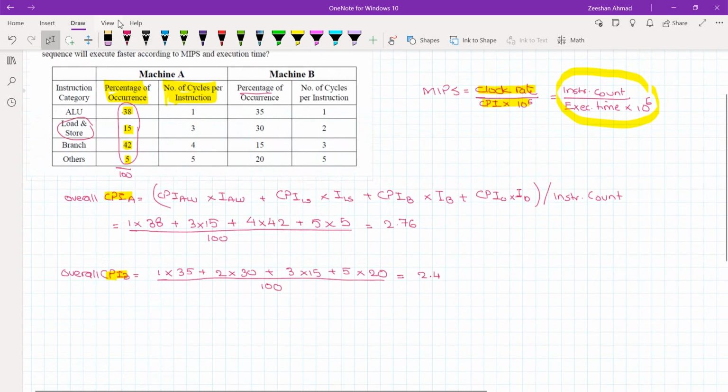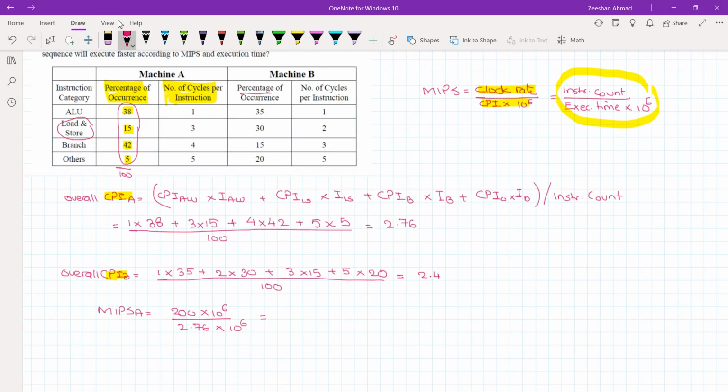So the MIPS for machine A is the clock rate, 200 megahertz, divided by the CPI of A, 2.76, into 10 raised to power 6. The 10 to the 6 cancels, so 200 divided by 2.76 is 72.46.